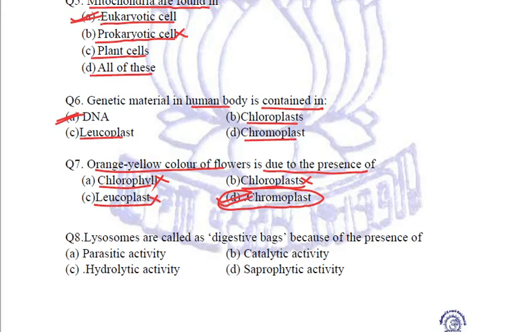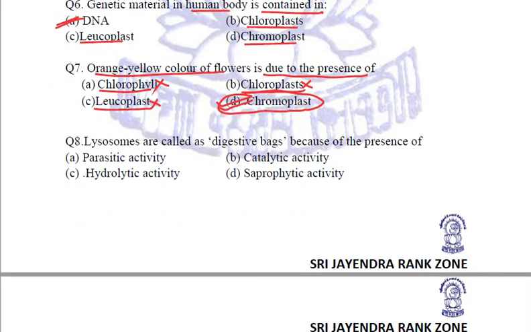right? Now, the next question is quite important. Lysosomes are called as digestive bags. Now, why? Because of the presence of, we have just studied many a times, we have repeated that lysosomes contain strong digestive enzymes. But now the question and the choices are different. Lysosomes are called as digestive bags because of the presence of which type of activity taking place?